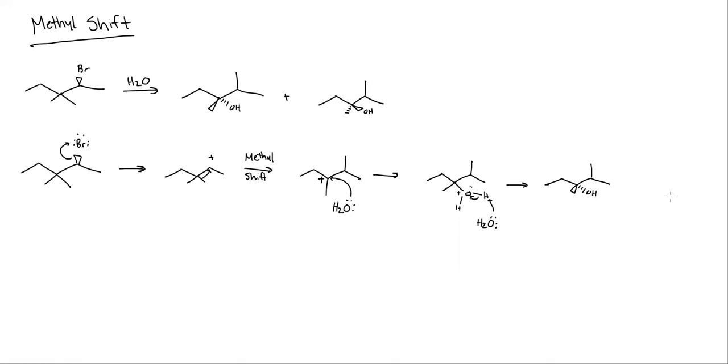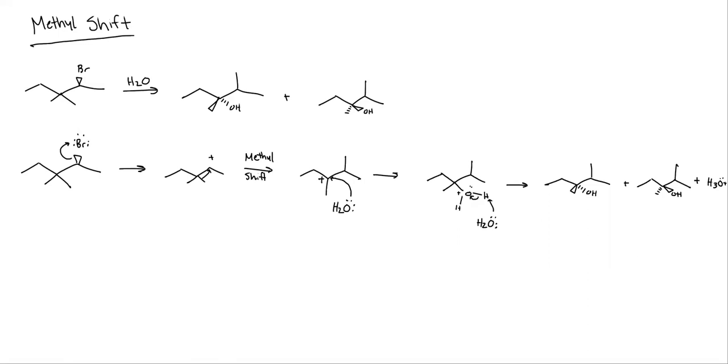I get one on a wedge and I get another one on a dash. And then let's not forget, we also get H3O plus. All right? So this is my methyl shift, right? Not anything too crazy, I don't think. If you can do a hydride shift, you can do a methyl shift, right? So I don't think that there's anything too terrible about the methyl shift.